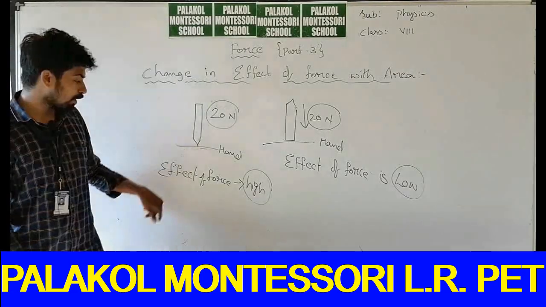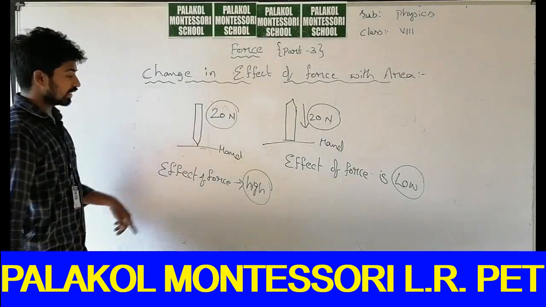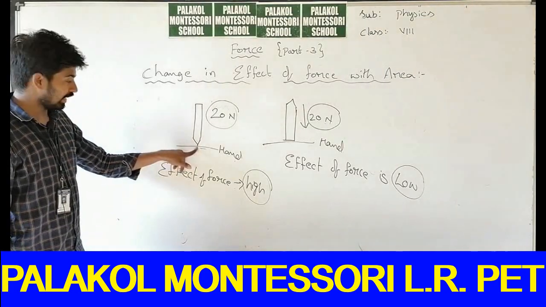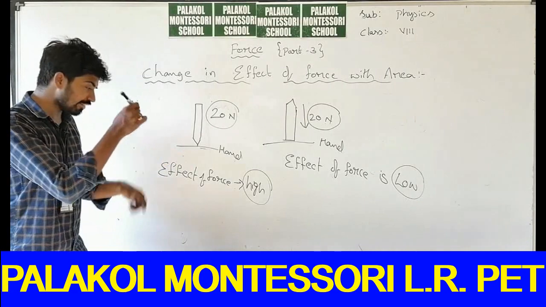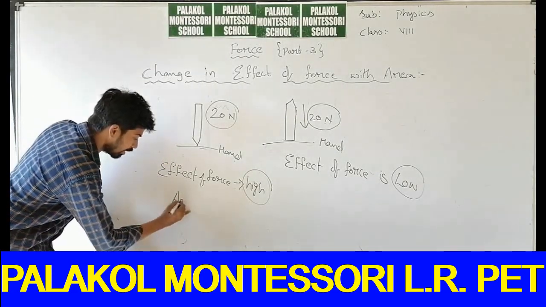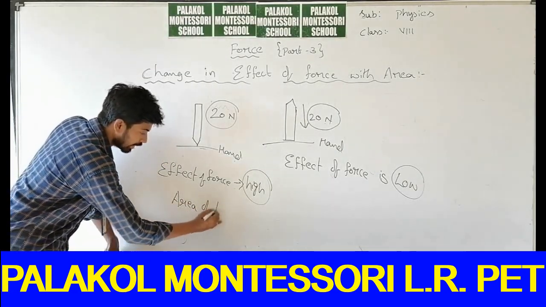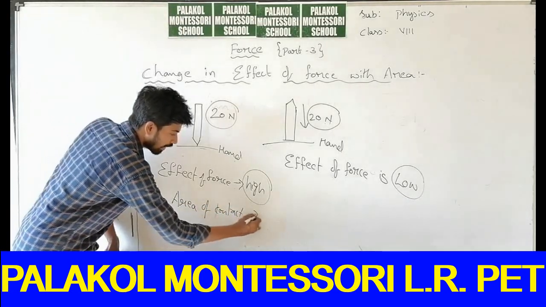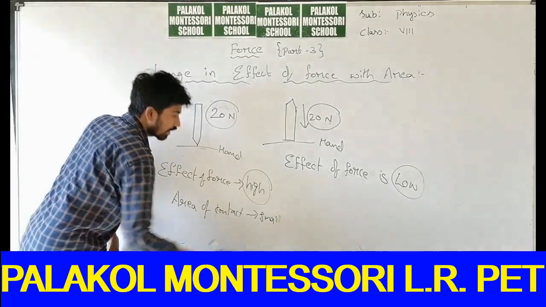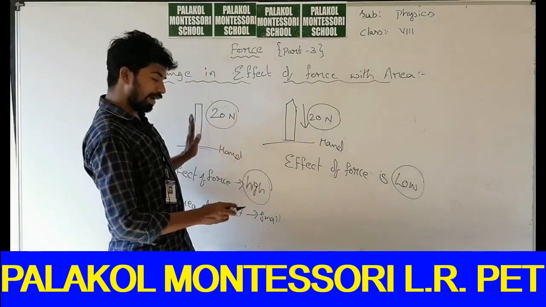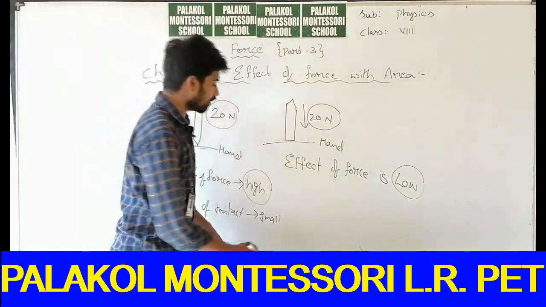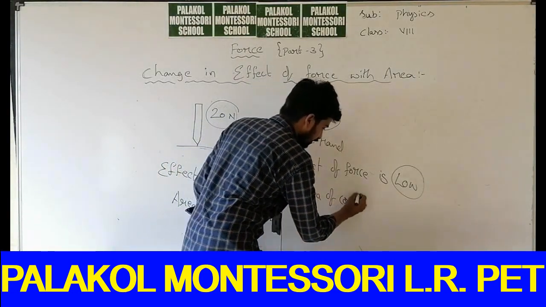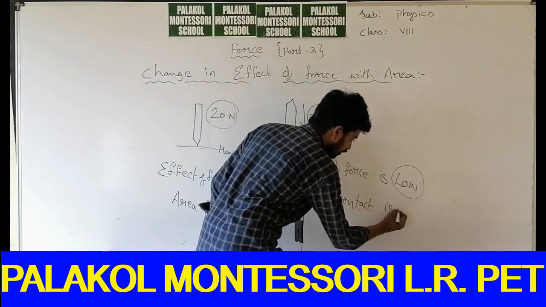If the area of contact is small, how much contact is there with the pen? If the nib is towards your hand, the area of contact is very small. Area of contact is less. Here, when compared with this case, the area of contact is large.